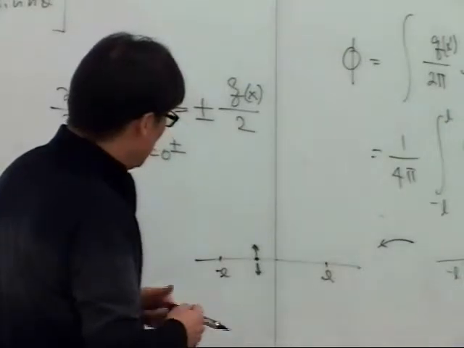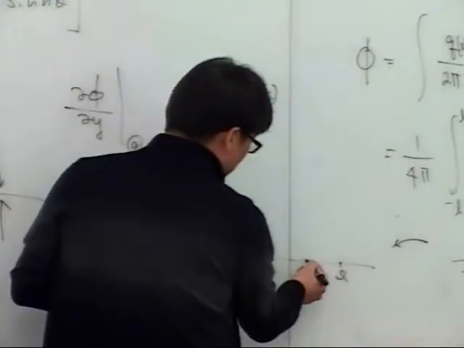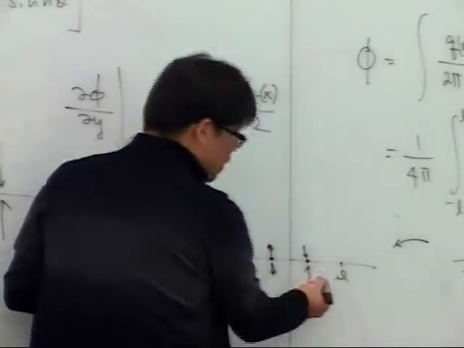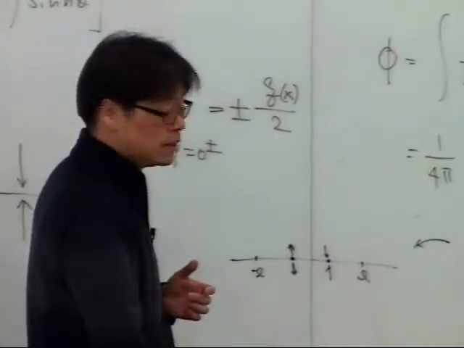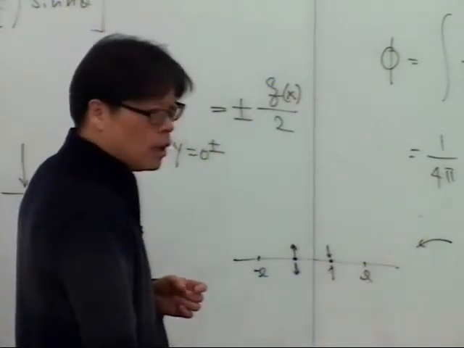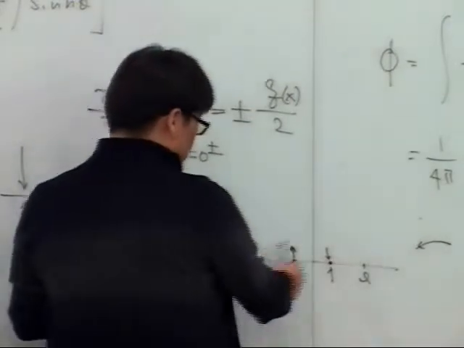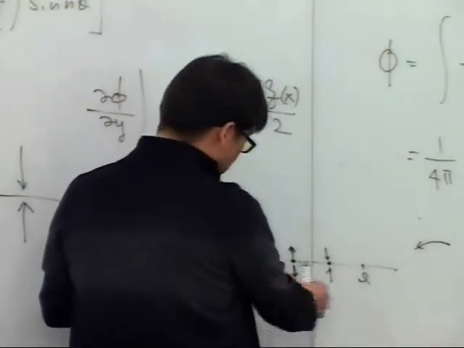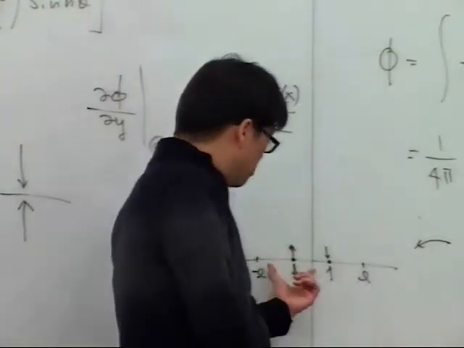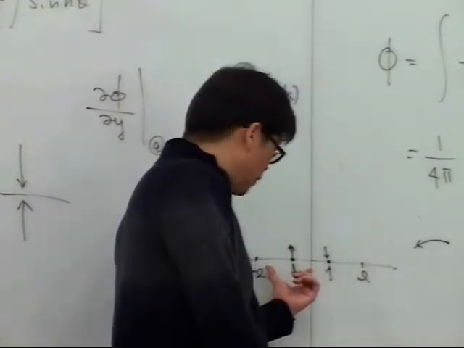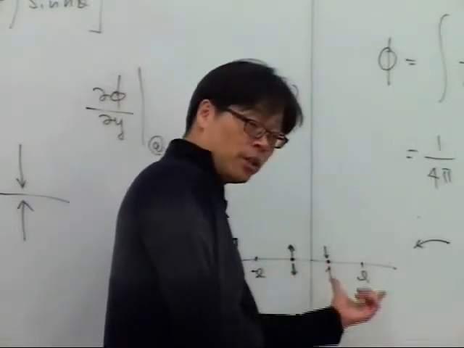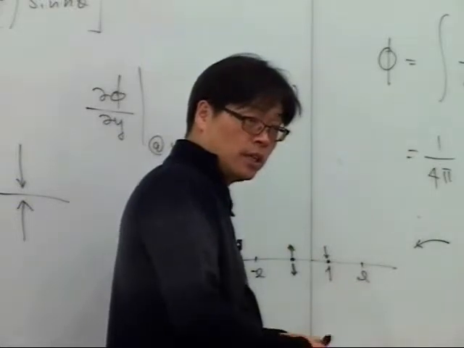Of course, if q is negative, then we expect this. So inside of this body, in some part you will have sources, and in some part you will have a sink.